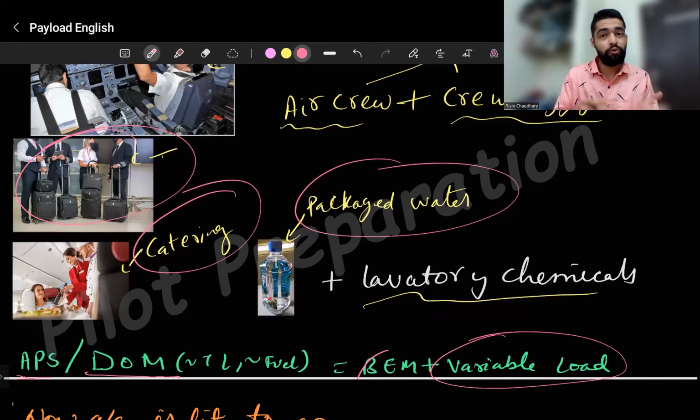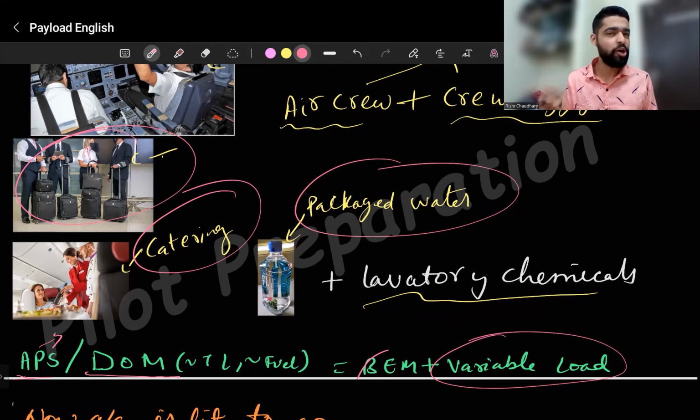Variable load is the air crew and their baggage and lavatory chemical. All these things are the variable load. So these two combined are called aircraft prepared for service, APS, or DOM, which is dry operating mass. They are both the same thing, dry operating mass.